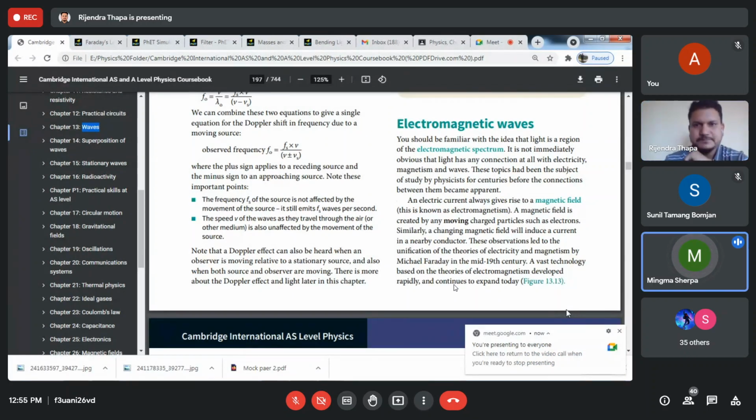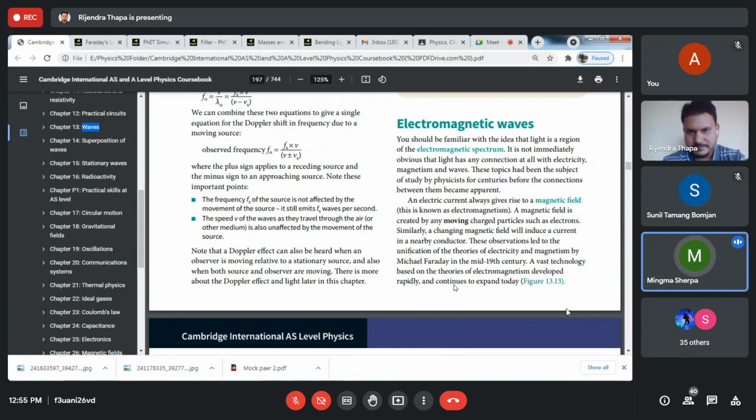You should be familiar with the idea that light is a region of the electromagnetic spectrum. It is not immediately obvious that light has any connection at all with electricity, magnetism, and waves. These topics had been the subject of study by physicists for centuries before the connections between them became apparent. An electric current always gives rise to the magnetic field. This is known as electromagnetism.